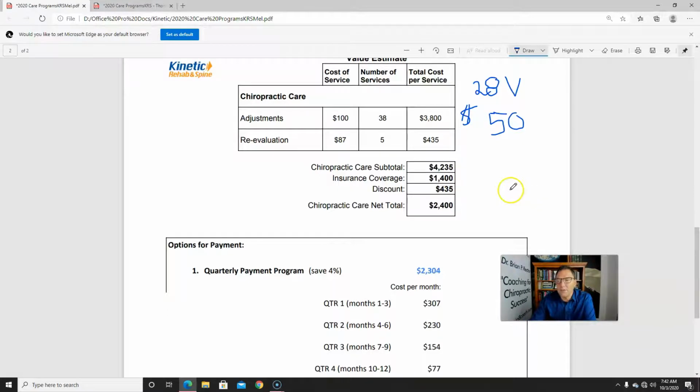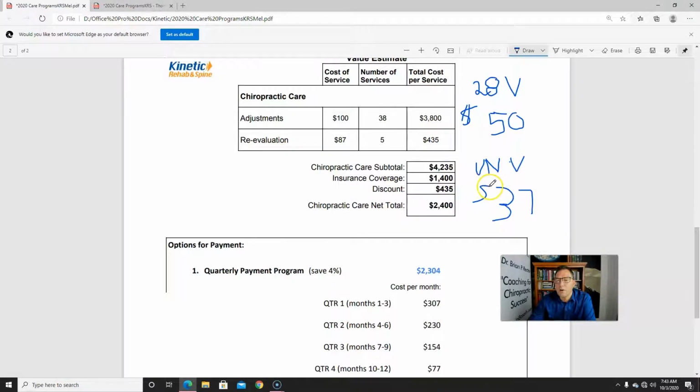Now we have another insurance company that has unlimited visits. I'd put unlimited visits here. But they only pay $37 per visit. That's it.